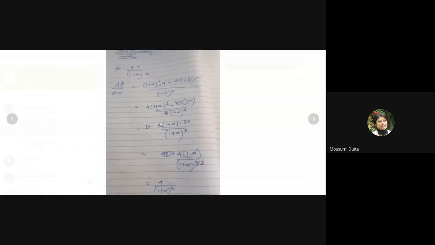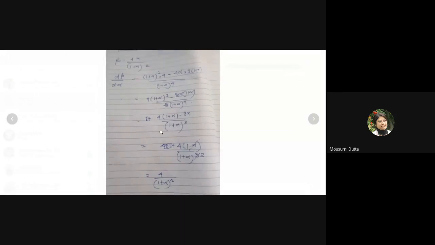Okay, so d beta by d alpha. Everybody please check whether you got the same thing or not. It is visible, so please check this thing. The last line is not right. There is a mistake in the calculation. It is not 4 by 1 plus alpha.